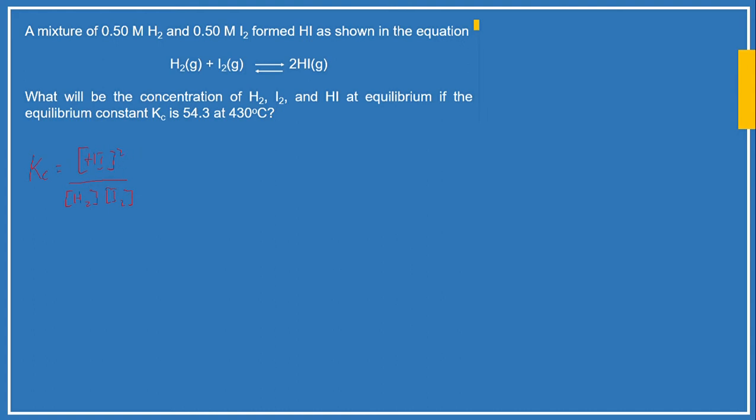Okay. So, next is we write the ICE table. So, before we do that, i-rewrite muna natin yung chemical equation. So, we have H2 plus I2, okay, will form 2 moles of HI, and this reaction is a reversible reaction.